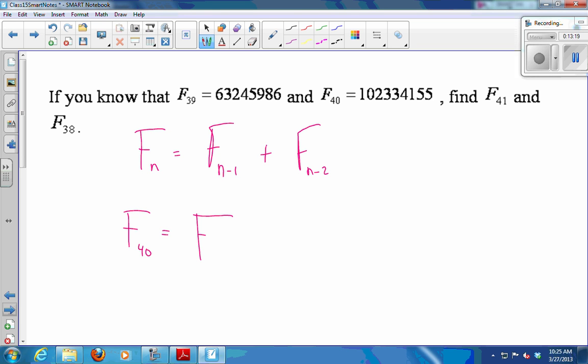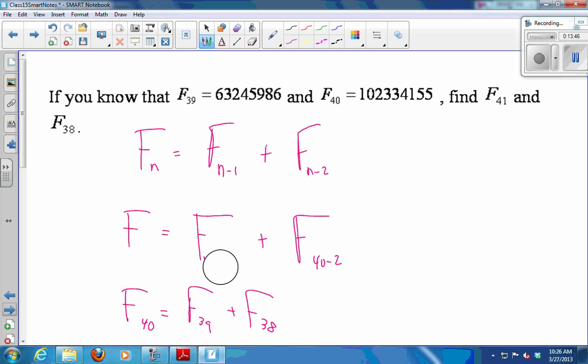Oops, sorry, I'm looking for 41, so n in this case is 41: 41 minus 1, and 41 minus 2.